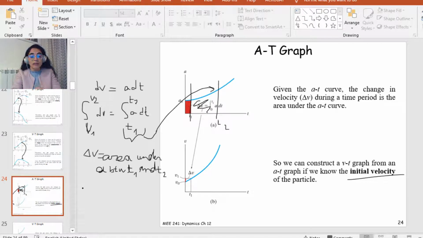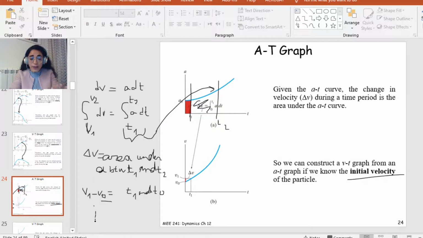In fact, delta V, which is V1 minus V0, will be equal to the area under A between T1 and T0. And since I know V0, I can find V1 and so on. I can find all the velocity points versus the time T.